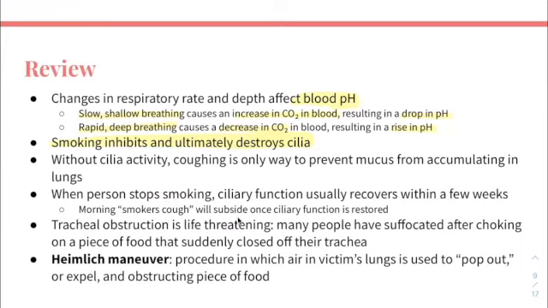And as mucus accumulates, you've got to cough it out. But if somebody stops smoking, that cilia starts working within a few weeks. Doesn't take much. It's pretty quick to recoup itself. And then that smoker's cough starts to go away because that cilia is there to then beat the mucus away from the lungs again.